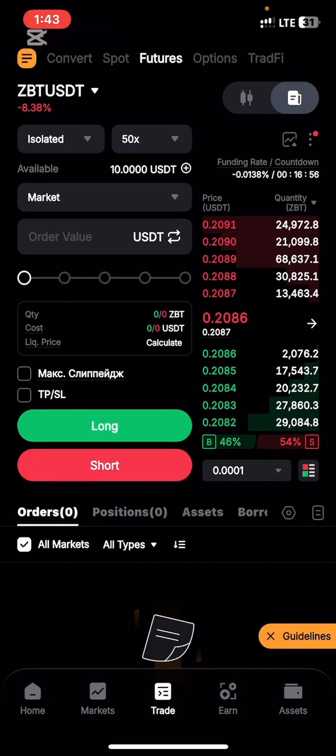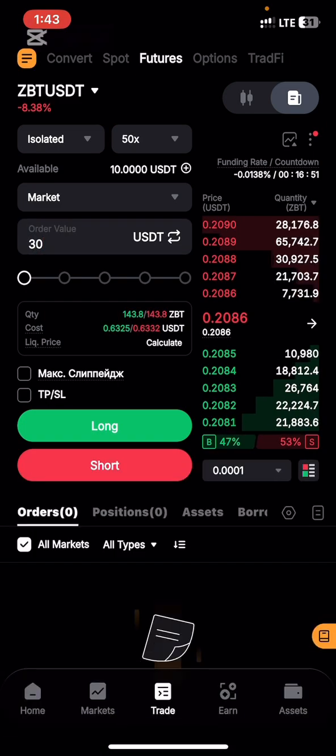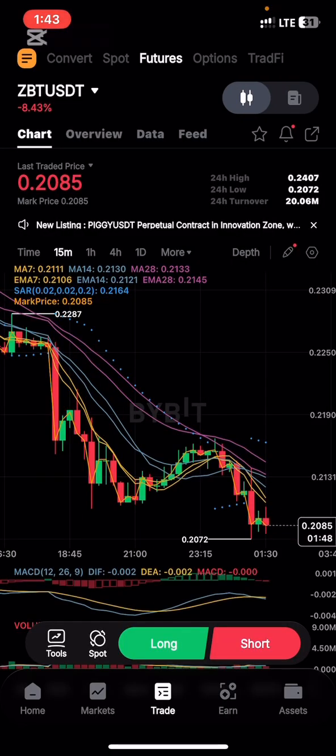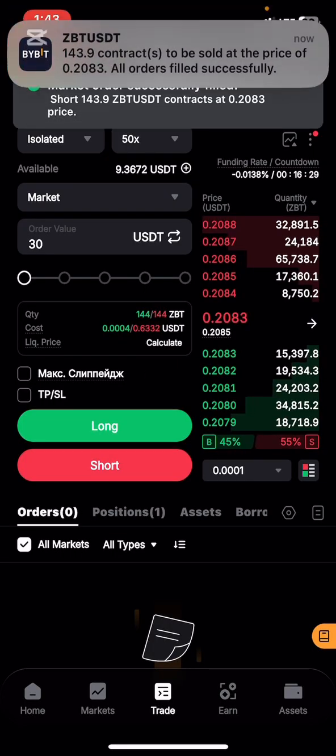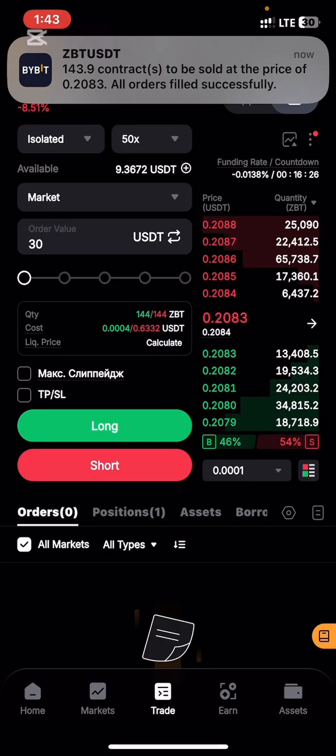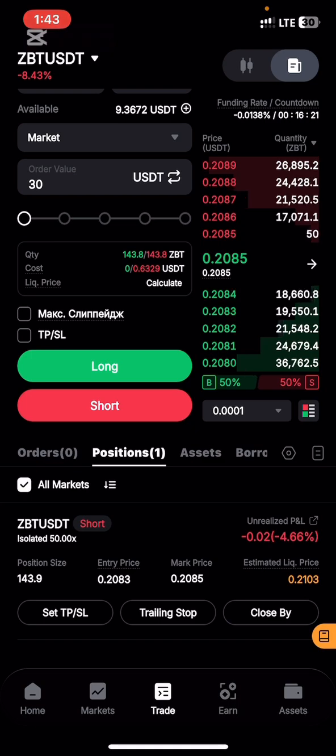Okay, let's go into the market. I'm monitoring the chart. All right, enter short. Okay, I've entered the market right now.